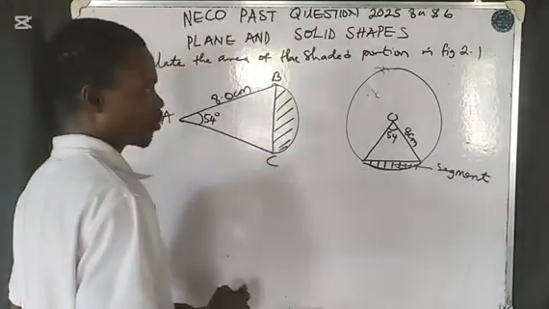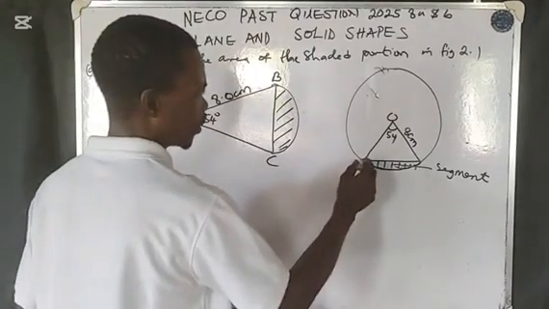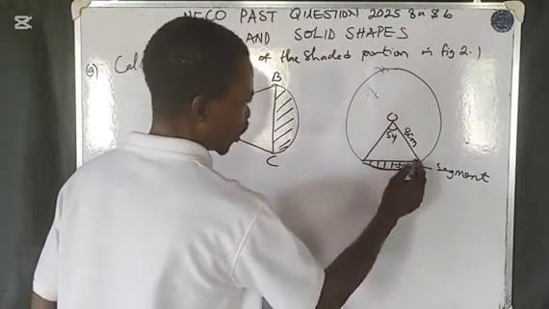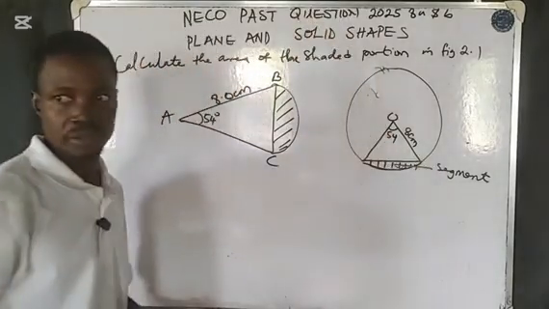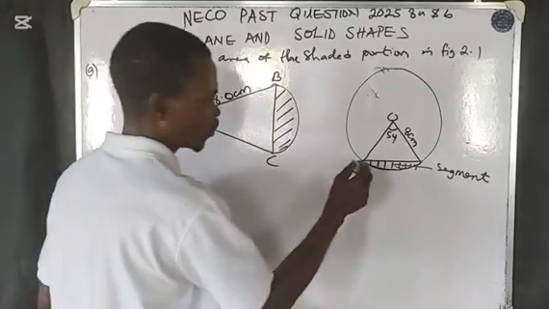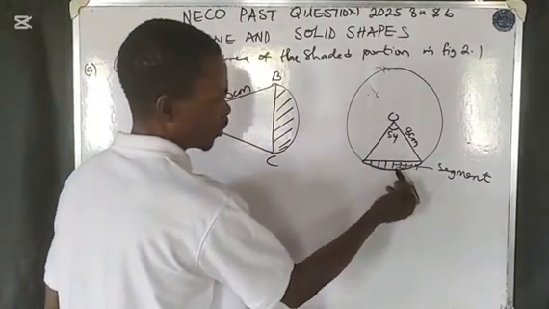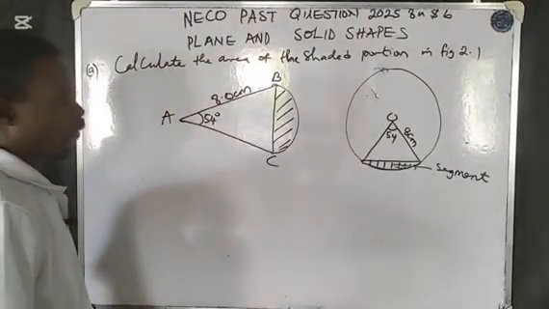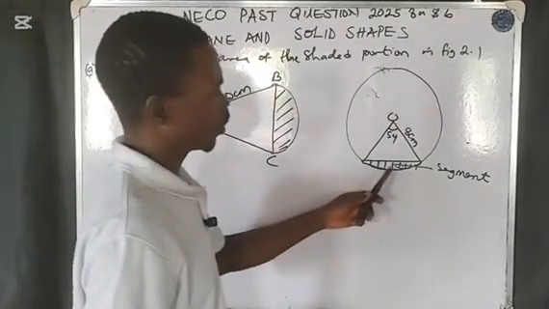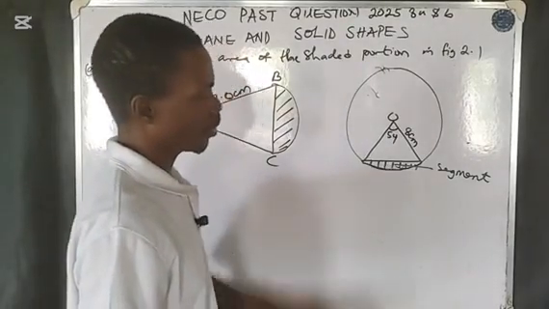Yes, area of the minor segment. The bigger segment is this place. This chord separates the minor segment and the major segment. So the shaded portion is the minor, while this bigger part is the major segment. We can calculate both of them, but they ask you for only the minor segment.